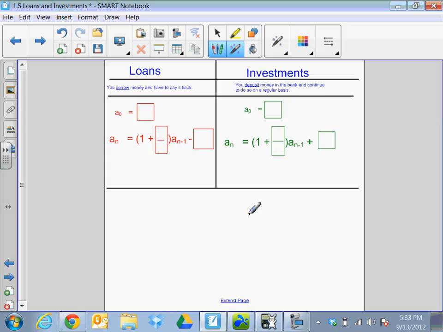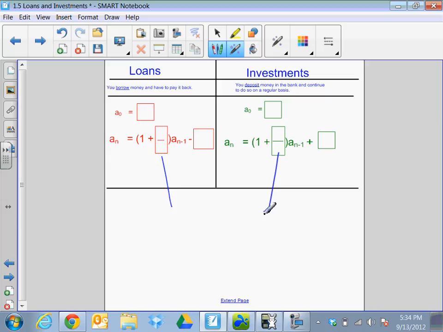Again, let's just recap. The way this recursive formula will work, whether it's a loan or investment, will be here will be the initial amount that you borrowed. Here will be the initial amount that you invested. In the numerator in red, you're going to have the interest rate. In the numerator in green, you'll have the interest rate. In the denominator, you're going to have the number of times compounded per year.